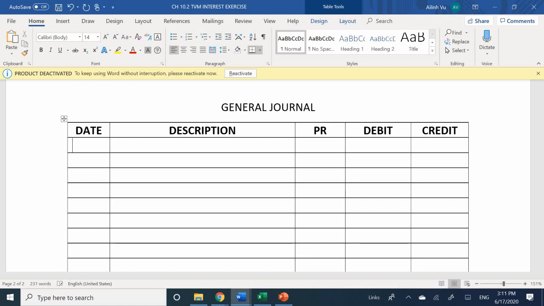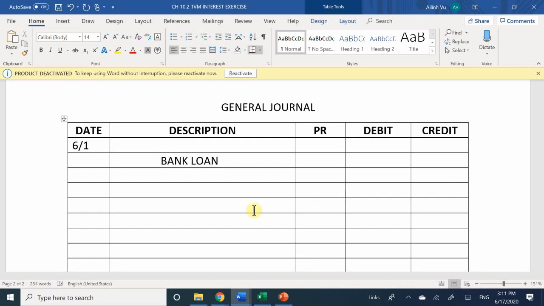First, I'm going to do numbers. So 1, okay. Here I received a bank loan. So what is that to me? Income? Liability? Yes, it is a liability.